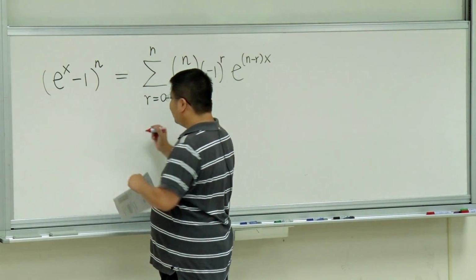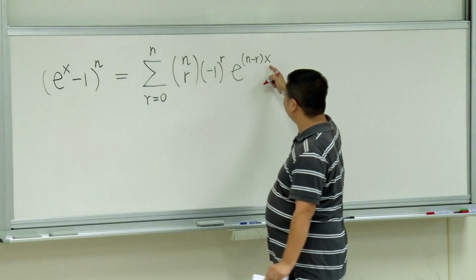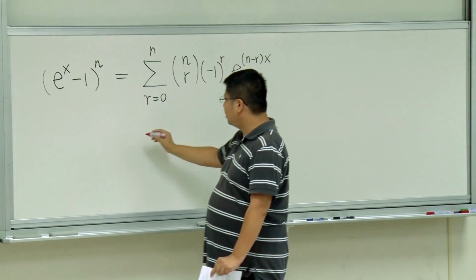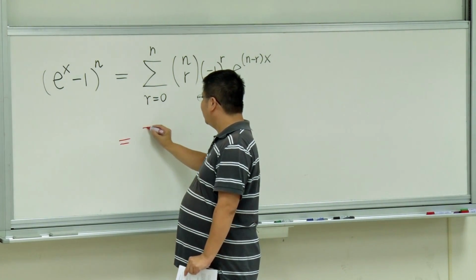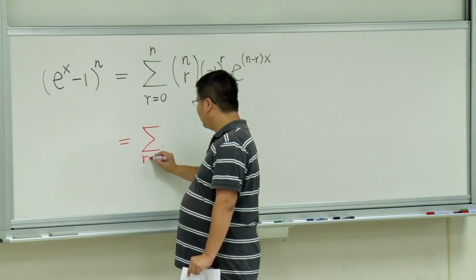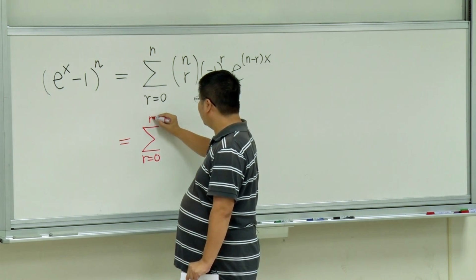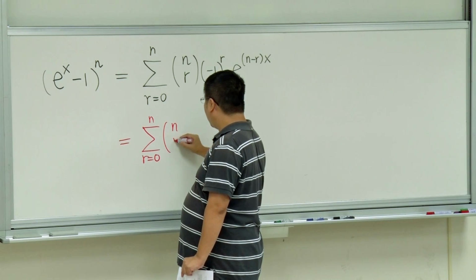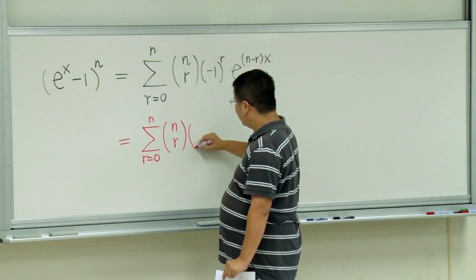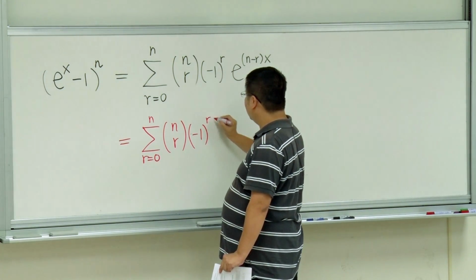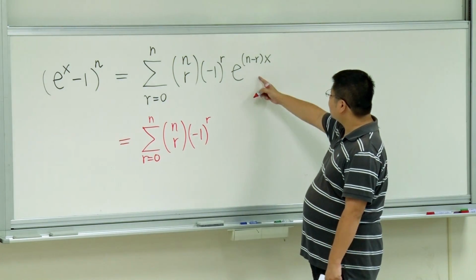Okay, now we don't see an x here. X is here. So this is equal to what? Summation of r is equal to 0 up to n, n choose r, minus 1 to the power r. And what is this?